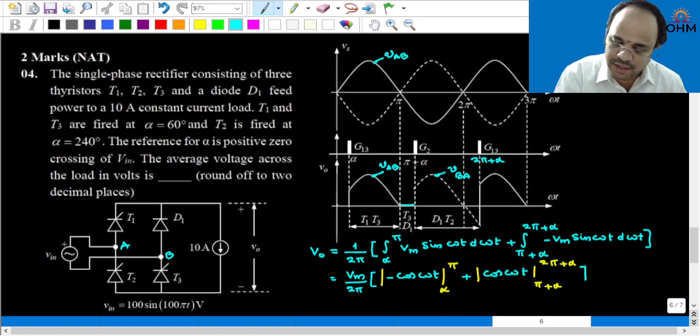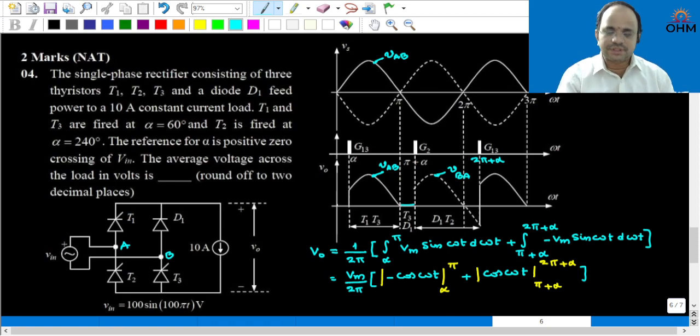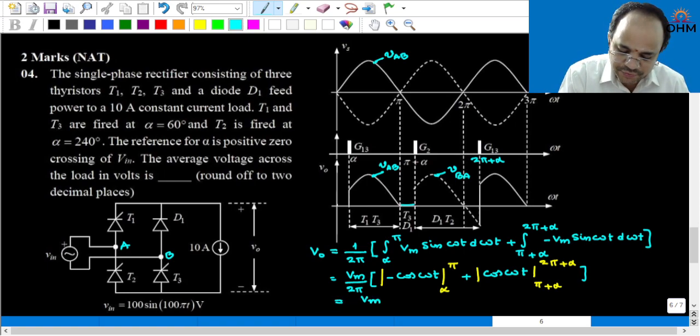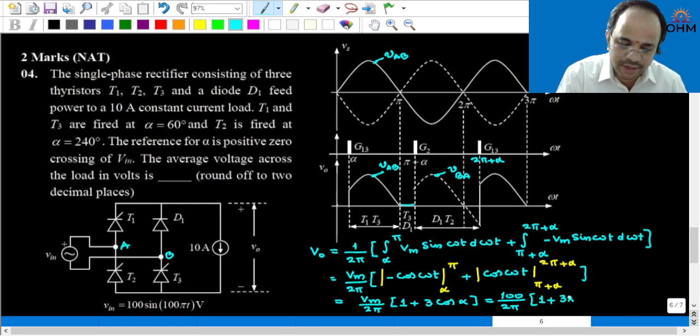Generally I explain these circuits in my regular class. Those who follow my regular class are well familiar with this. Anyhow, here also I explained the concept in detail. This simplification will give you Vm by 2 pi into 1 plus 3 cos alpha. The source voltage Vm value is 100, divided by 2 pi, into 1 plus 3 into cos alpha, where alpha is given as 60 degree, so cos 60 will be 1 by 2.